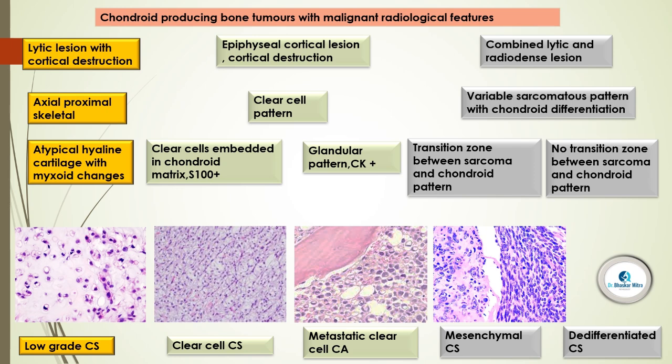Now, if there are combined lytic and radiodense lesions showing a variable sarcomatous pattern along with chondroid differentiation, with no clear transition zone between the chondroid and the sarcomatous pattern, then we term it mesenchymal chondrosarcoma. In the dedifferentiated chondrosarcoma, we can see a clear transitional zone between the two.